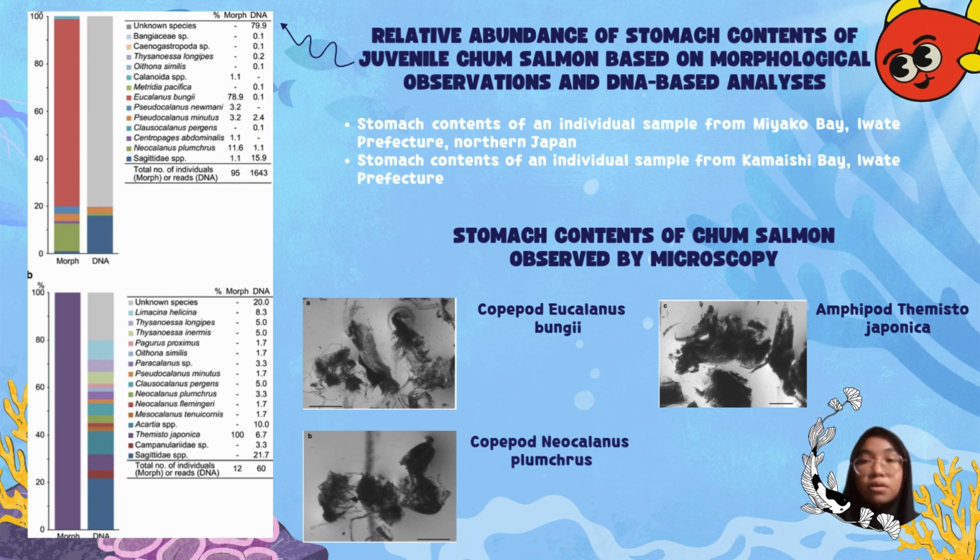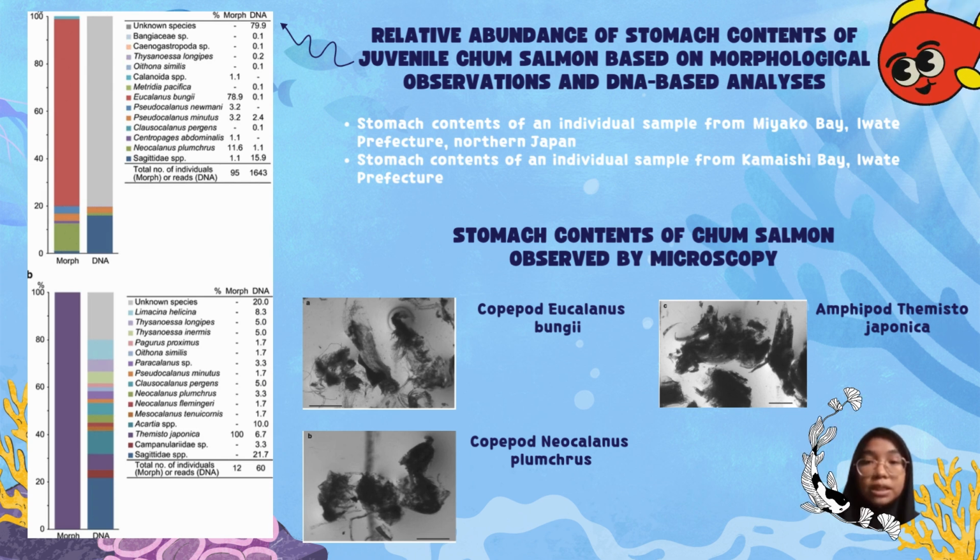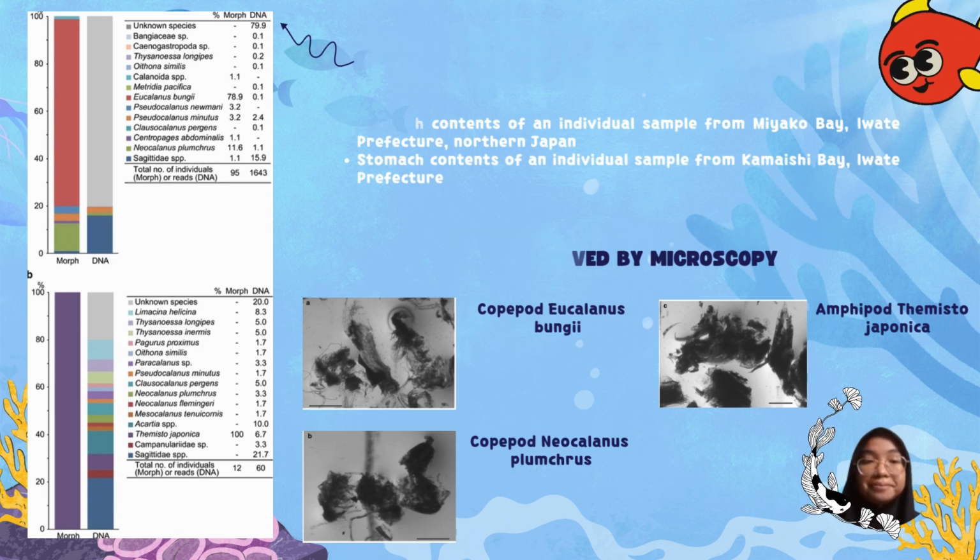Stomach contents of chum salmon observed by microscopy. There are three results found in the observation. First is Tropepid eucalenus bumi, Tropepid neocalenus plum crust, and Amphiophid termisto japonica.